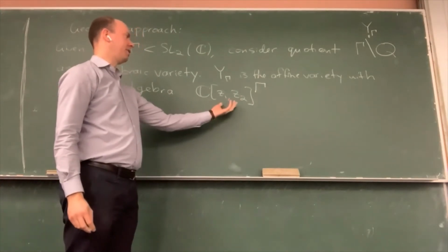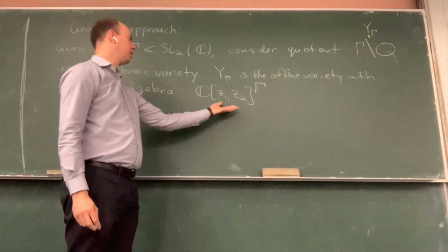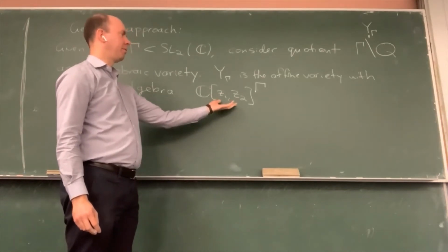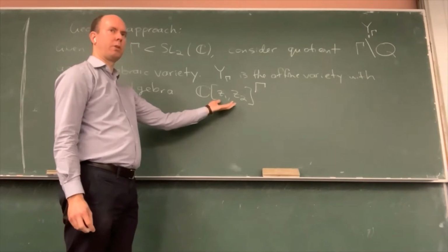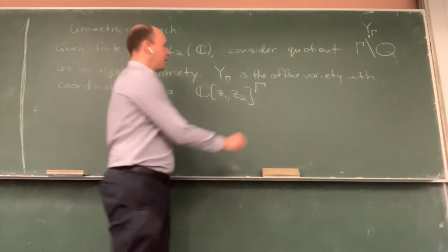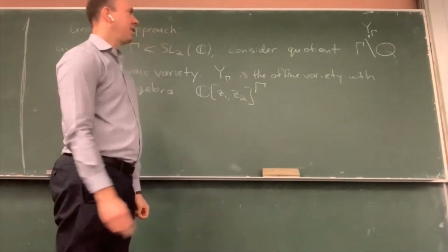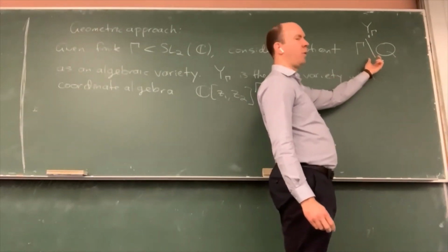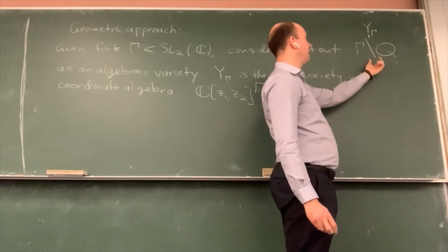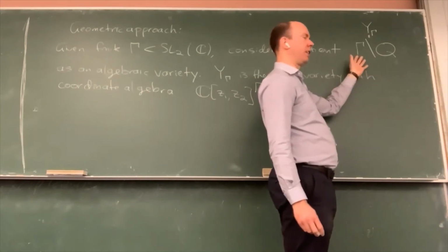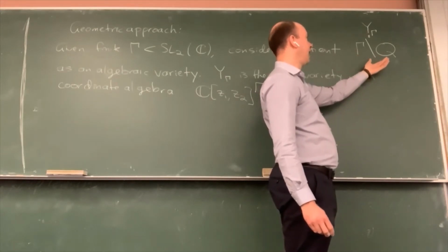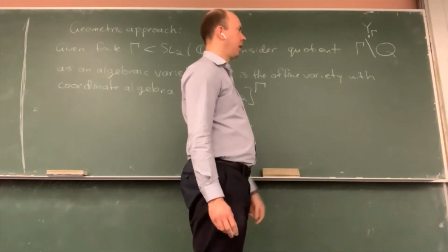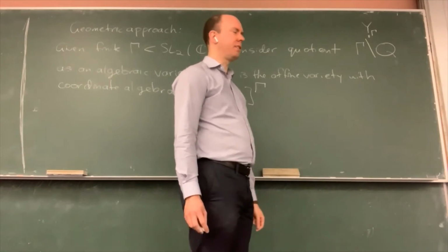And so this is now a new commutative C-algebra, and the affine variety corresponding to this is the one we're calling Y gamma. This quotient is, on the one hand, a relatively easy one to think about because we're quotienting by a finite group. On the other hand, it's not a free action on the whole of Q, like some of the quotients that occurred in previous lectures.